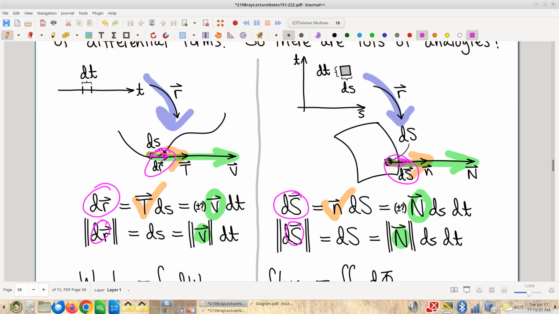Oh, let's see, what color can I use? I'll use light blue. The length of the dr vector, the length of that little piece of curve, the area of that little piece of surface show up analogously. Everybody see what I'm talking about? I mean, that's weird. Right?